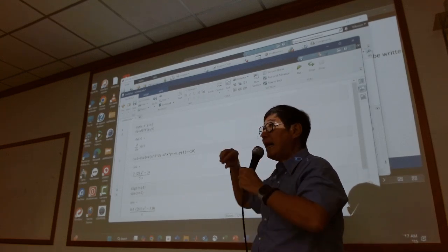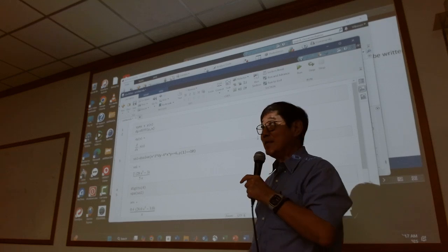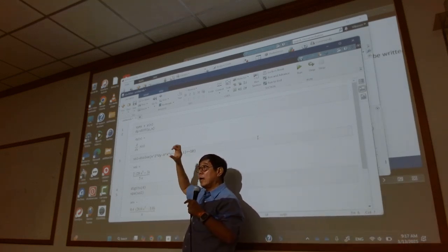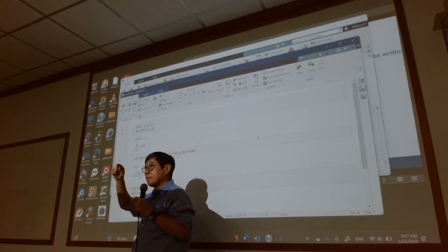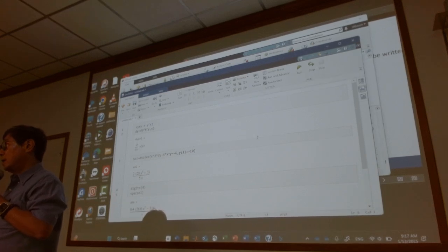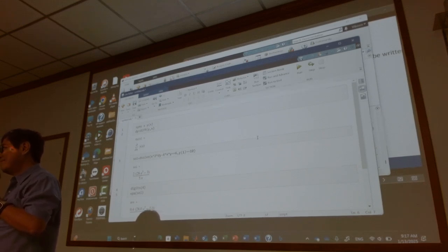You also can add text. This is not text, this is an equation. You can add plain text as well. I leave it as your exercise.